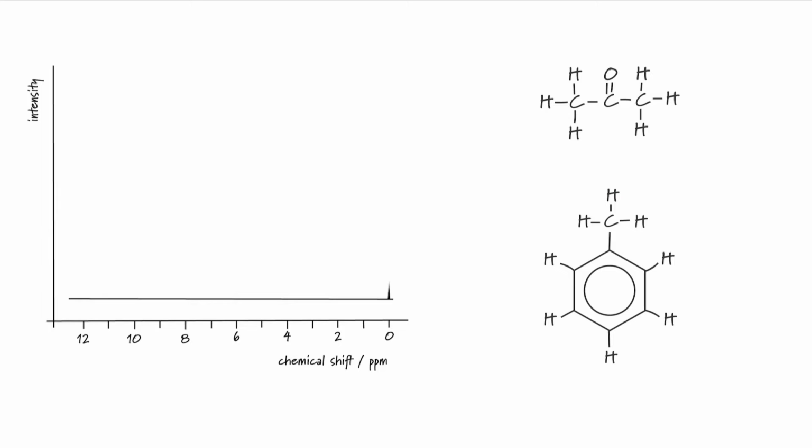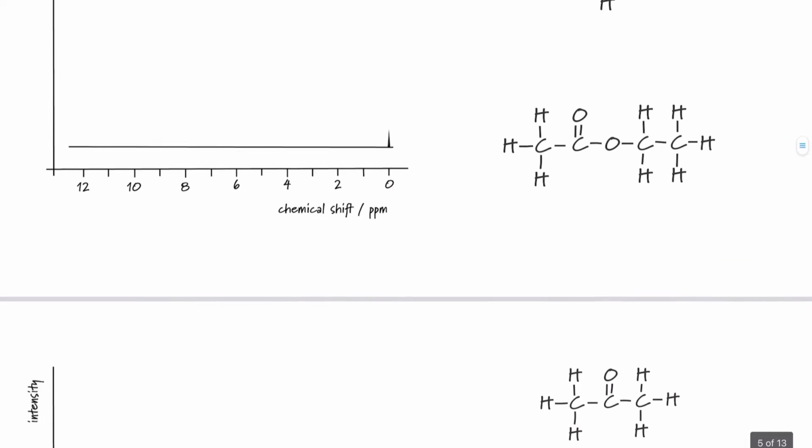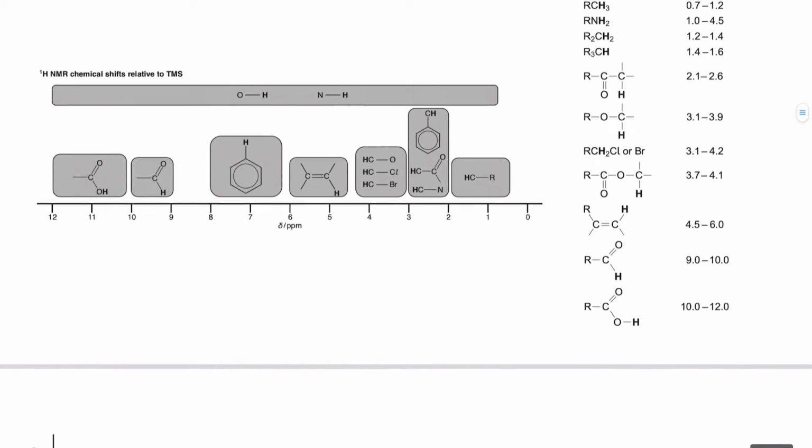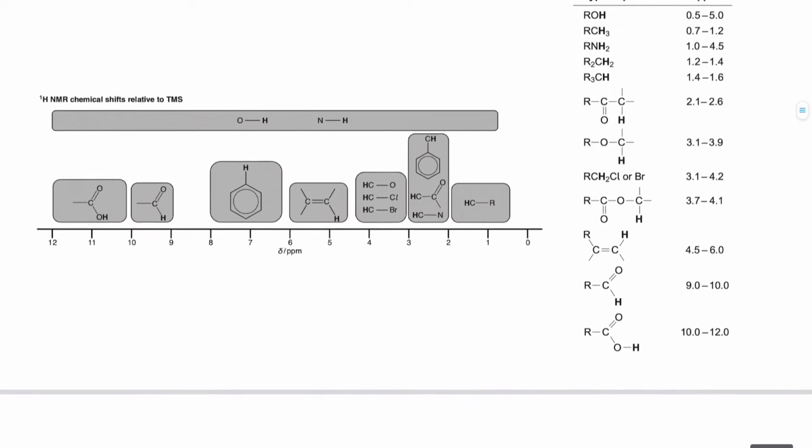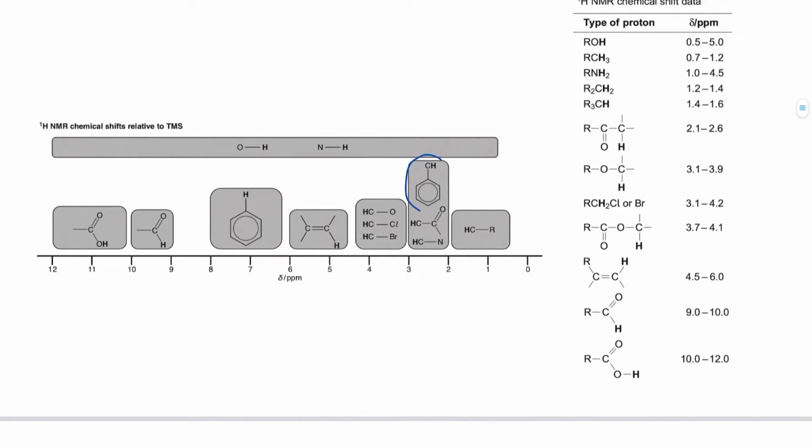And finally, methyl benzene. We identified 2 proton environments. We've got these 3 equivalent protons, and they are bonded to a carbon, and that carbon is bonded to a benzene ring. And if we go back to our data sheet, we are looking at this type of proton here: a proton bonded to a carbon that's bonded to, not actually part of, a benzene ring.